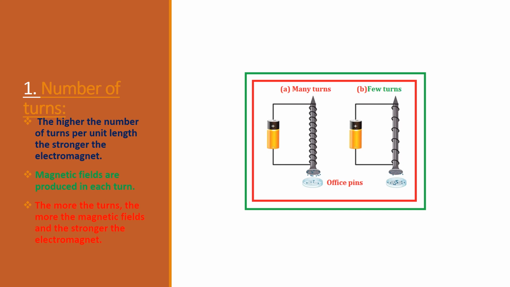As you can see from figure A, if you have very many turns, that electromagnet will be able to attract very many pins. But if you have few turns, the electromagnet will attract few pins. The more the turns, the stronger the electromagnet.